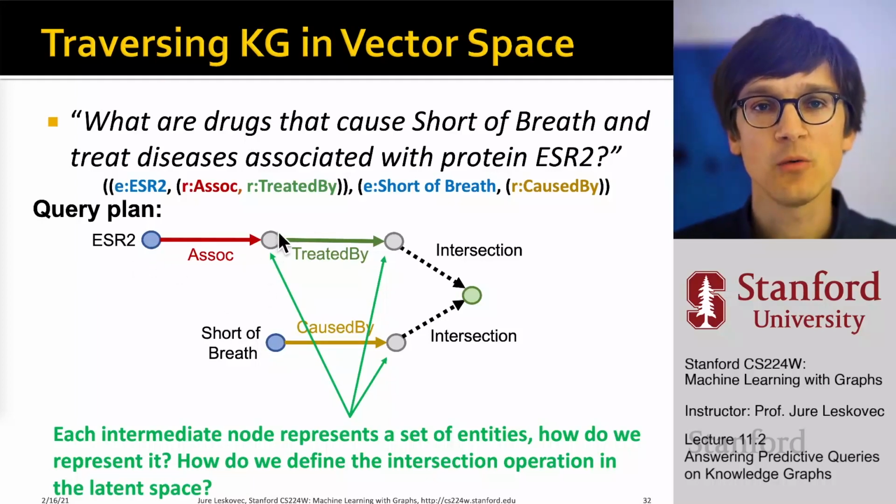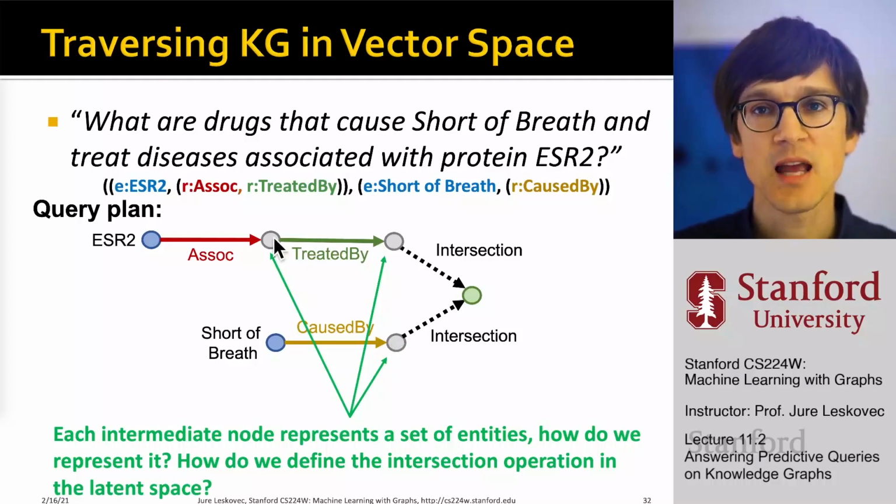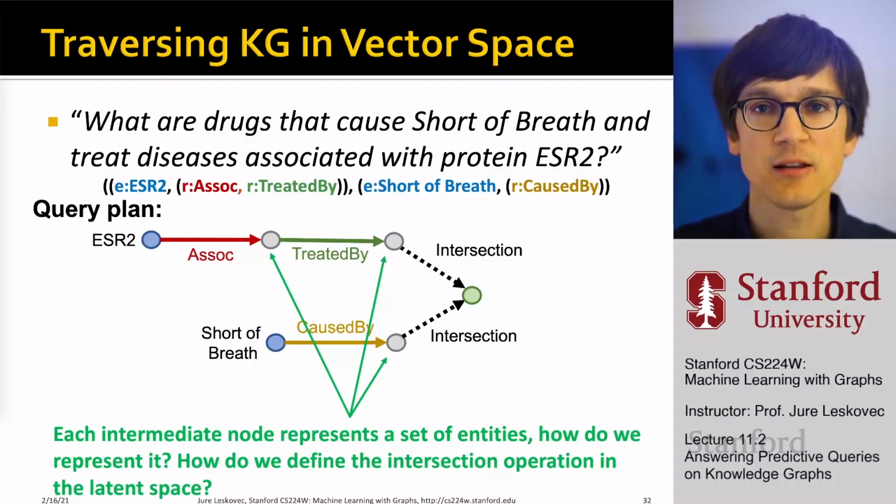But what do these gray nodes represent in my query plan? They represent a set of entities, say all the diseases associated with ESR2, or all the drugs that cause shortness of breath. So the question becomes, how do we represent these sets in the embedding space, and how do we then define intersection operators in this latent space?